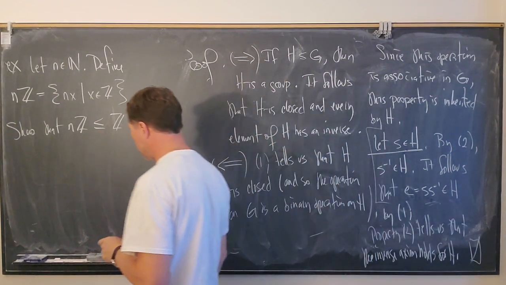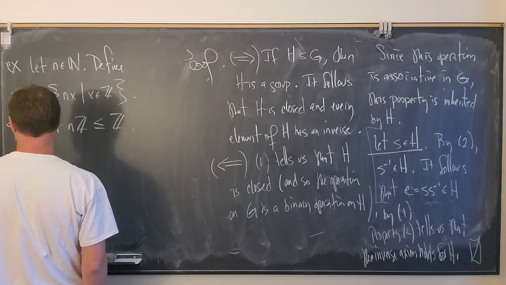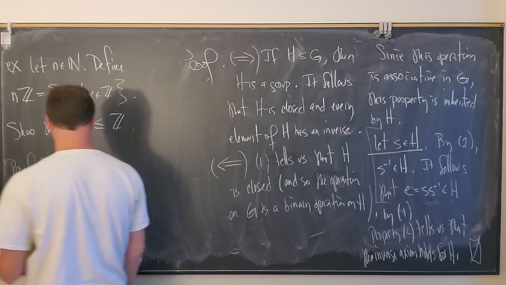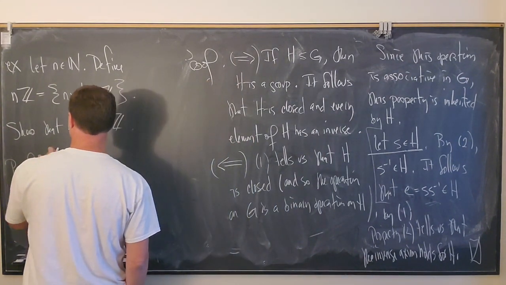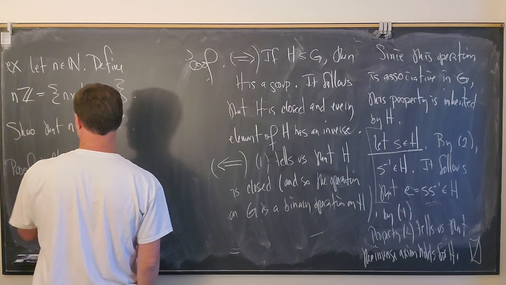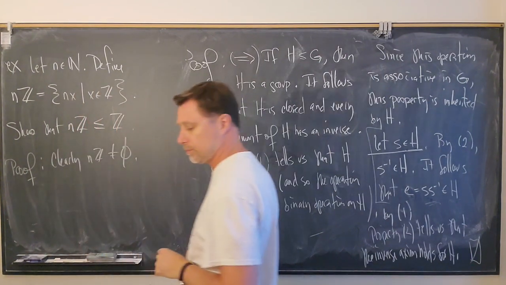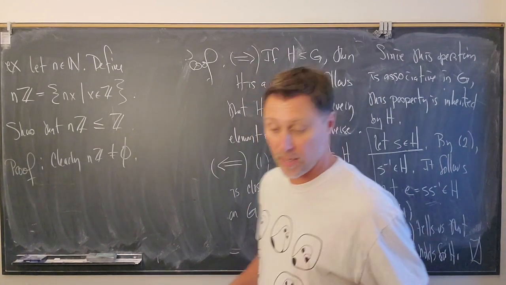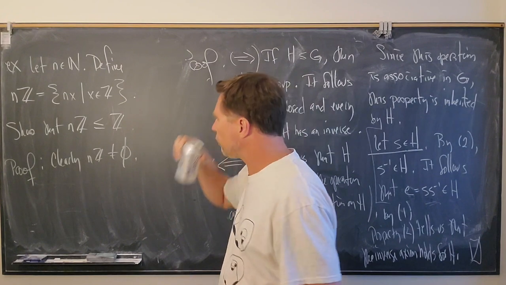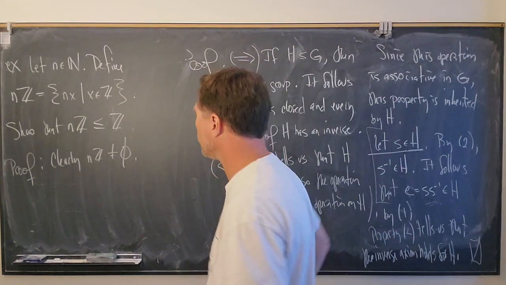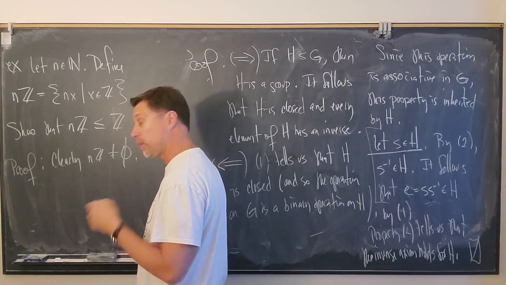Okay, so I'm going to apply the subgroup test. And so here we go. So I guess I'll write proof here. Clearly, nZ is non-empty. Right? In fact, there's an infinite number of elements in nZ, all possible multiples of n. Okay, what's next? Okay, so now I need to show closed under multiplication.